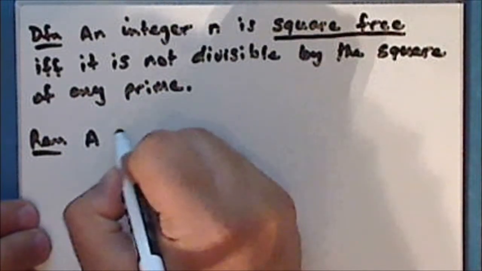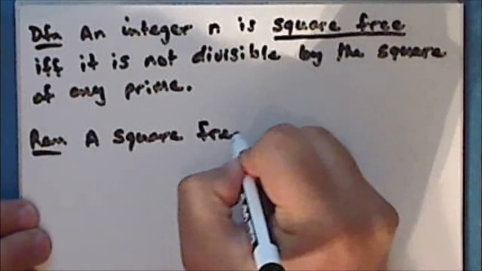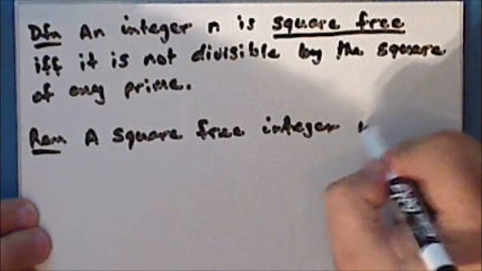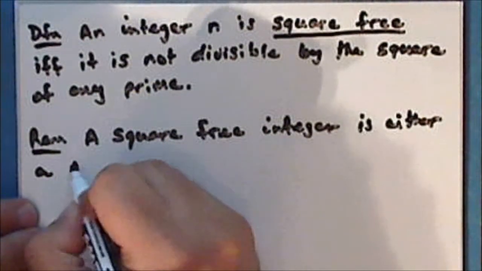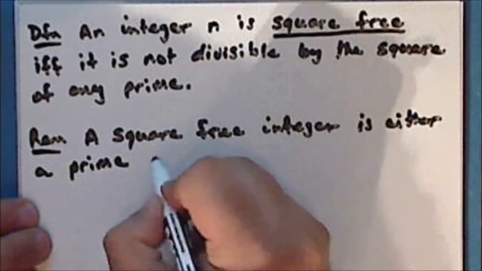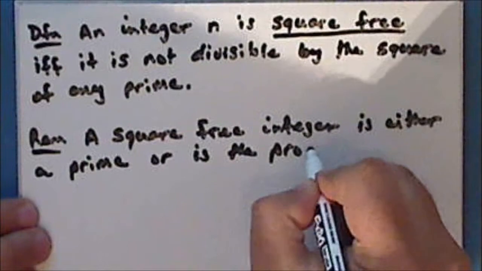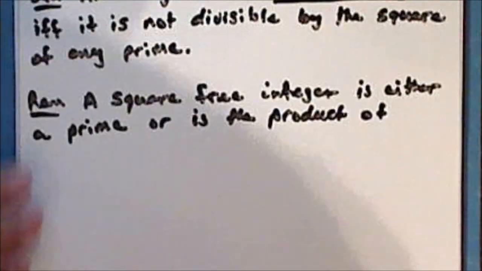And so a square-free integer is either a prime or is the product of distinct primes.